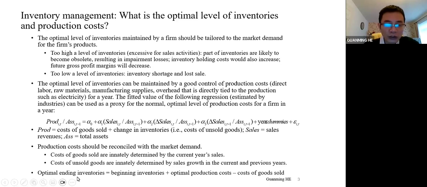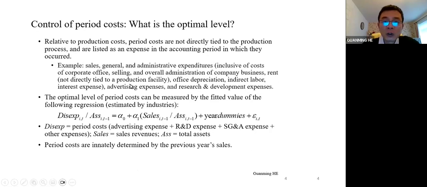Then we can use this equation to calculate the optimal level of the ending inventories for the firm, which is equal to the beginning inventories plus our estimated optimal level of production cost minus the cost of goods sold incurred by the firm for this year. Okay. How about period costs?